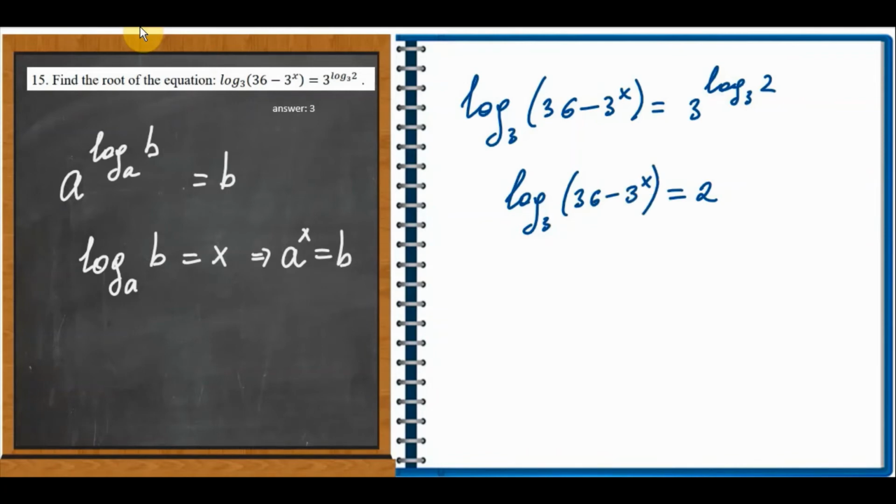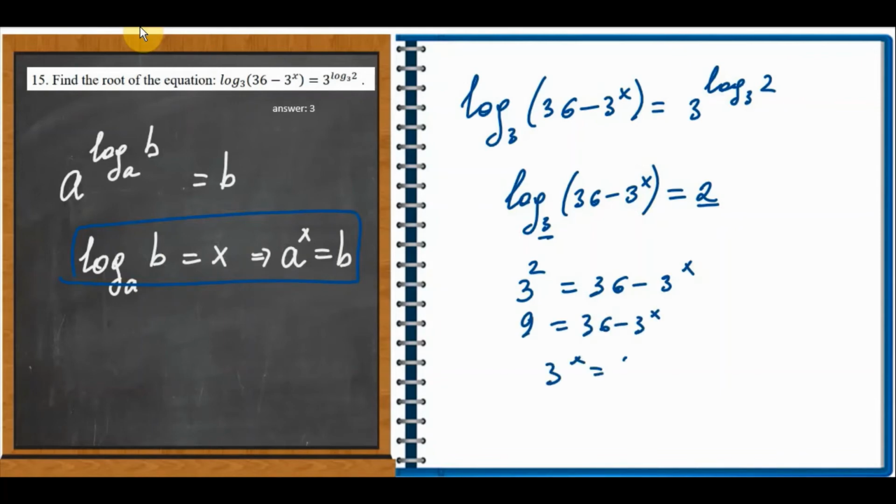We said how to solve this question. It's easy. We will take base 3 to the power of 2 is equal to 36 minus 3 to the power of x. Now 9 equals 36 minus 3 to the power of x, and 3 to the power of x is equal to 36 minus 9. 3 to the power of x is equal to 27, and x is equal to 3. So that's all. It's the correct answer.